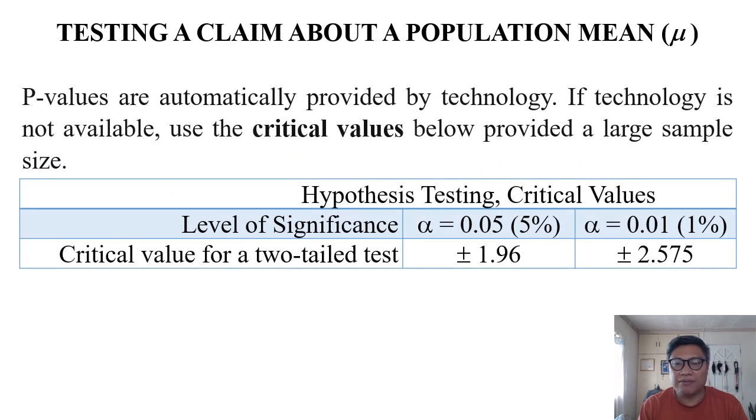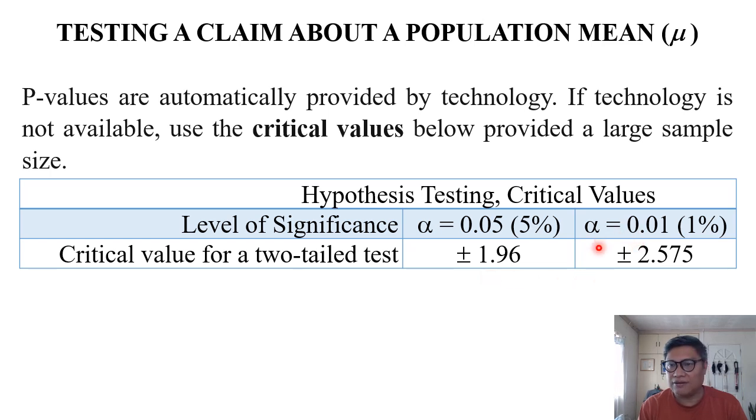Now, testing a claim about a population. Nowadays we use p-values that automatically tell whether or not it is significant. If technology is not available, then we can still use the critical values, and we only use these two. If we want the 5% level, then our critical value is plus and minus 1.96.